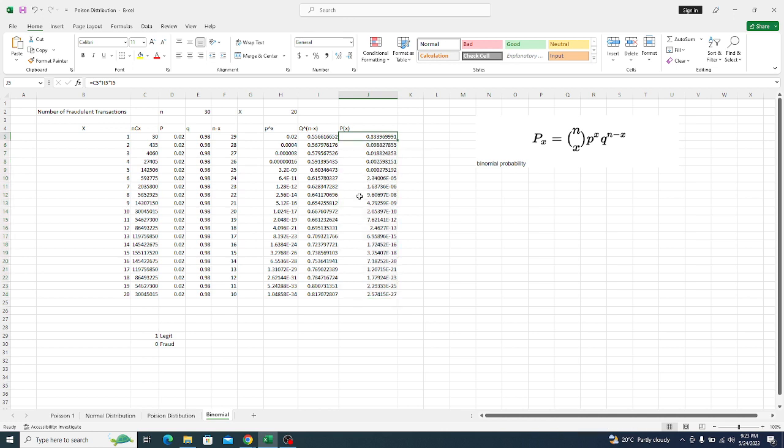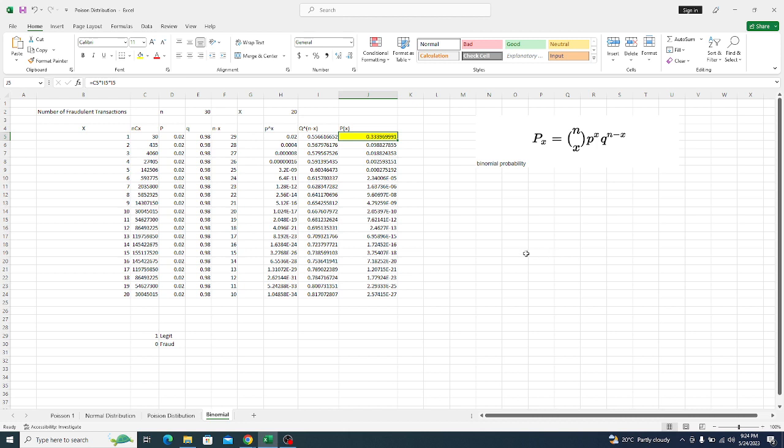Okay, right. So we now have the probability of maybe one fraudulent activity happening. It is very high. You can see the probability of getting one fraudulent transaction is very high.